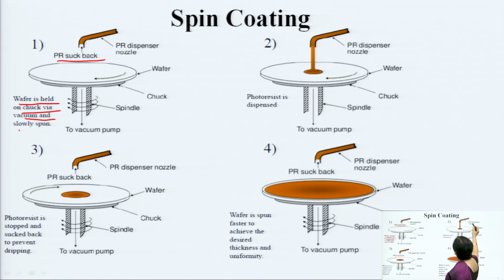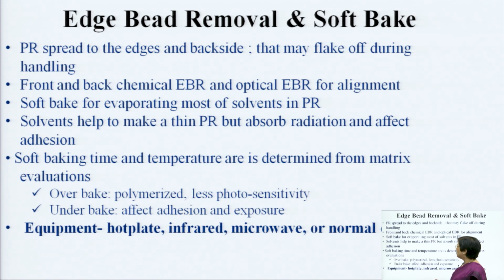The PR will be released through the nozzle at the center, and with the centrifugal force of rotation the PR will automatically move outwards, and slowly it will cover the entire wafer surface. So, this is how, unless and until you get the desired thickness, the PR will be rotated, and then slowly you increase the speed of rotation, so that proper layering is formed throughout the wafer.